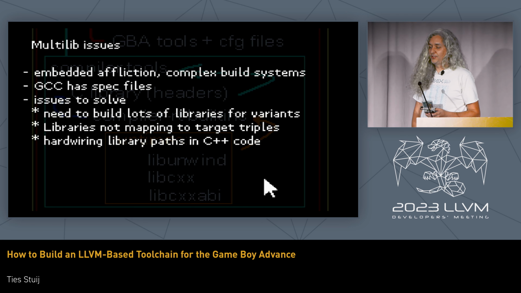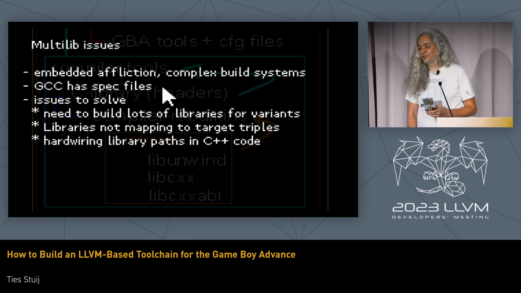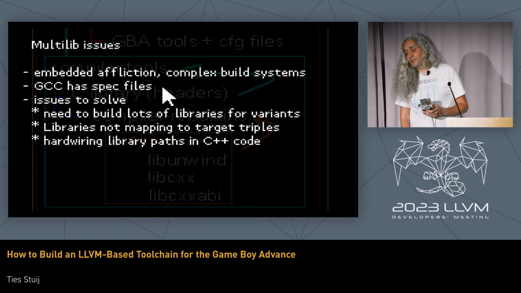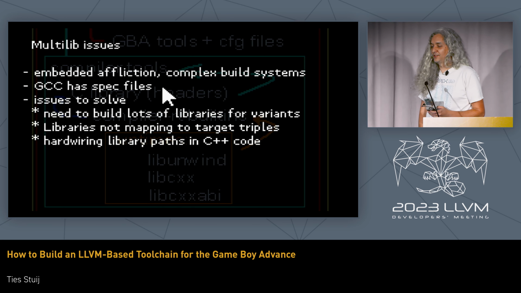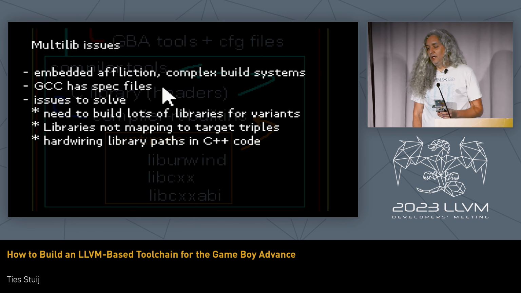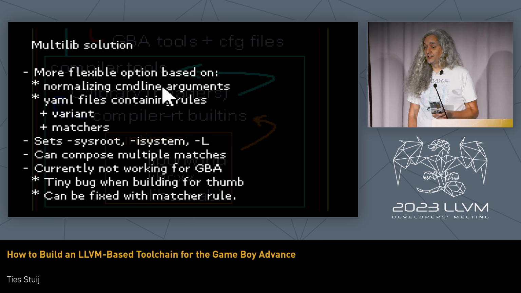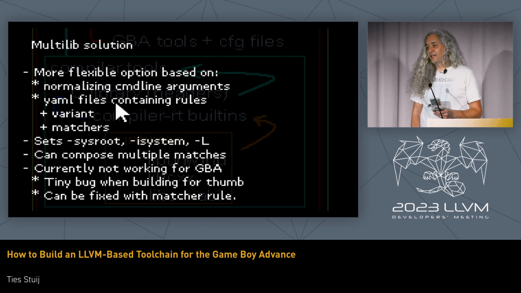GCC has other options. First of all, it will build a toolchain per target, but also it has spec files that are fairly complicated. We looked into using spec files, or maybe a subset of spec files. We didn't end up going with spec files. We went with another solution, where we're trying to be a bit more flexible.